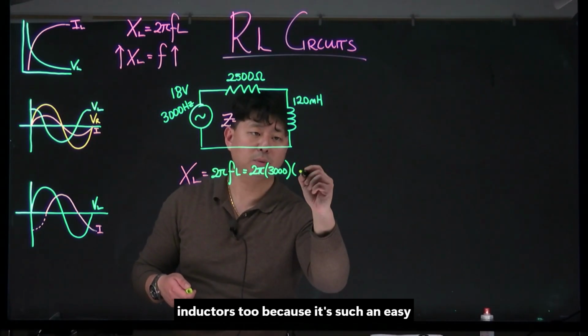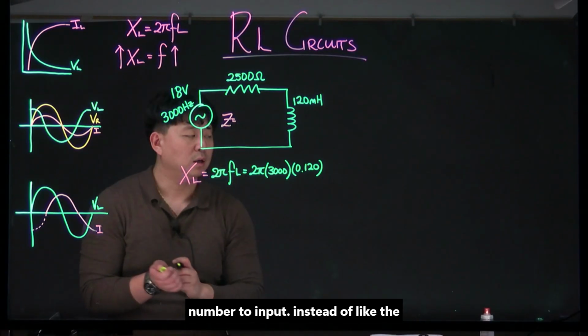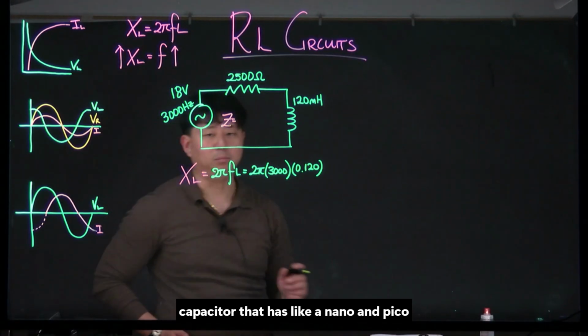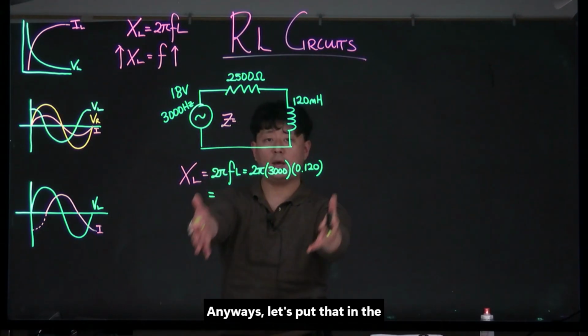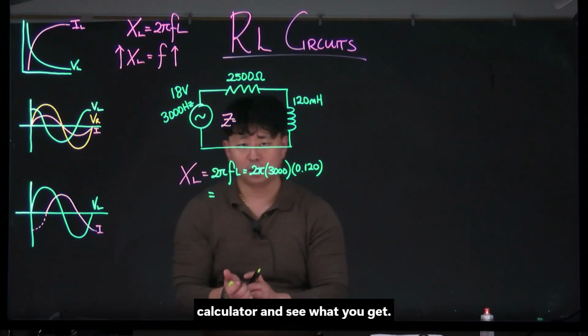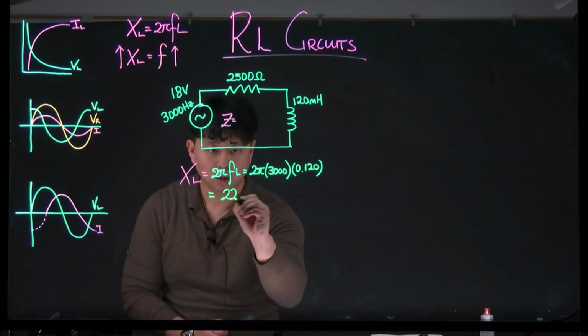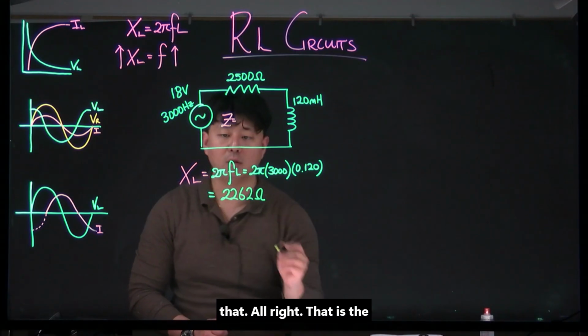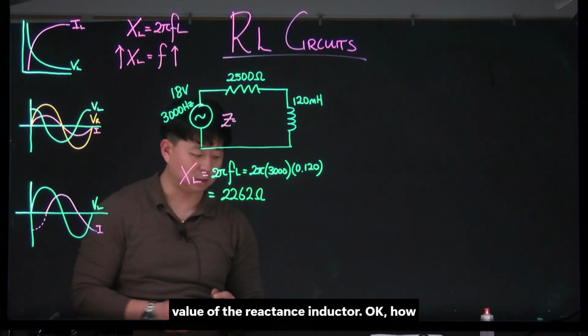I like inductors too because it's such an easy number to input, instead of the capacitor that has a nano and pico and stuff like that. Anyways, let's put that in the calculator and see what you get, and you should be getting that. All right, that is the value of the reactance for the inductor.